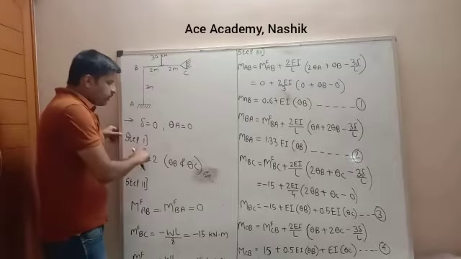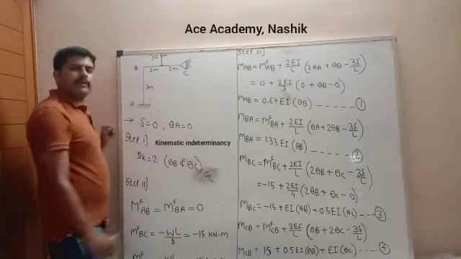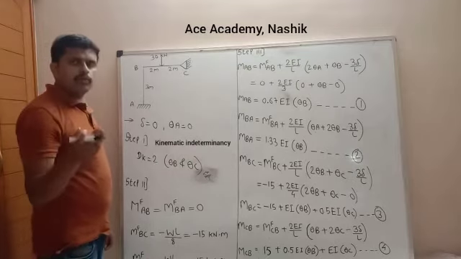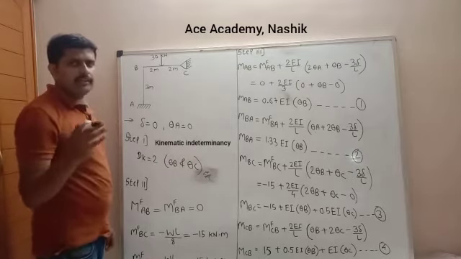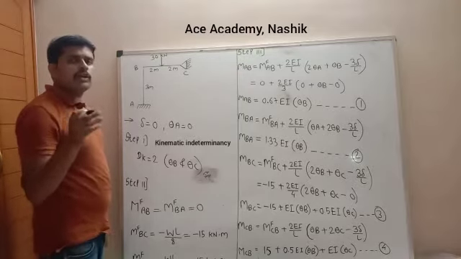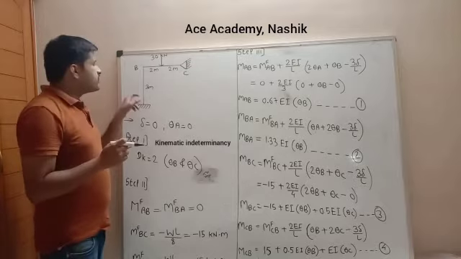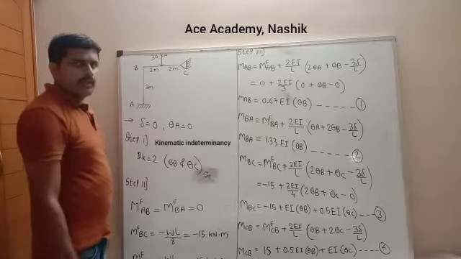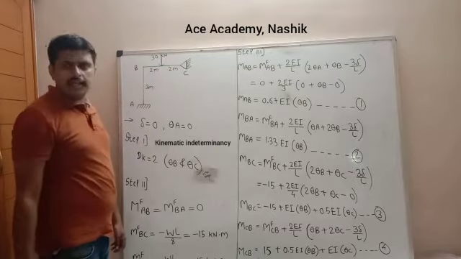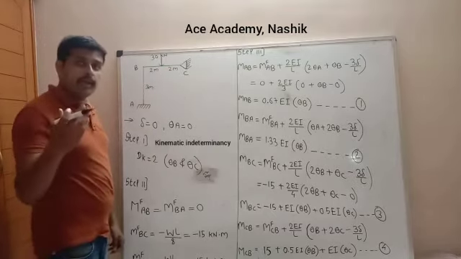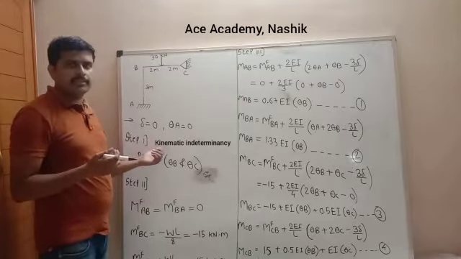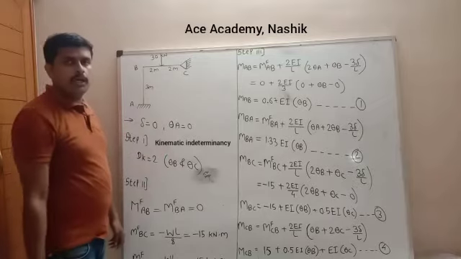Now, our step number 1 is to determine degree of kinematic indeterminacy. I have told you how to determine degree of kinematic indeterminacy. We have to just count the number of roller and hinge supports present in the given problem. Now in this frame we can see that there is only one hinge support. So we may say the degree of kinematic indeterminacy for this problem is 1.